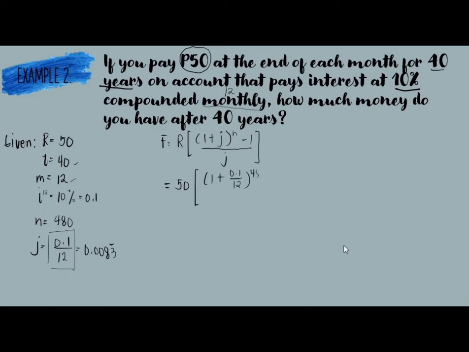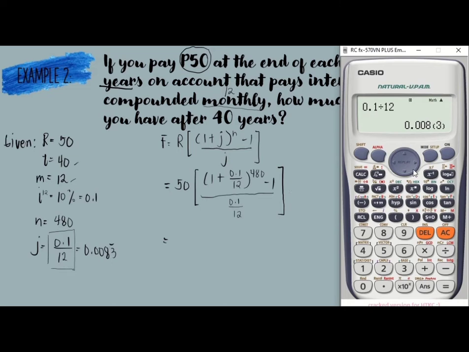Yung n is 480 minus 1 over yung j is 0.1 over 12. Okay. So, ganun ulit. Kapag naka-regular calcu kayo or yung normal calculator lang, yung hindi scientific, solve nyo muna yung nasa loob ng parenthesis. So, isa-isahin, isa-solve yan.